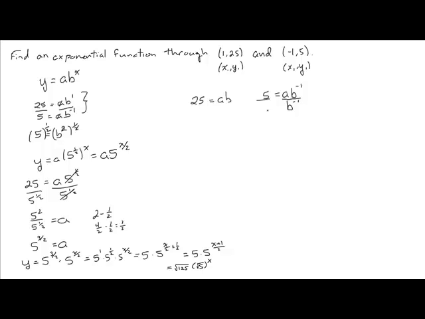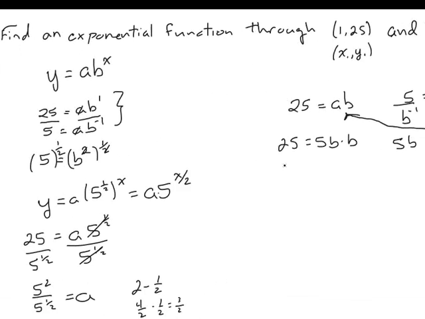So I'm going to divide by B to the -1. All right, so we got 5 over B to the -1, or A equals 5 times B, because B to the -1, that negative exponent means we can bring it up top. We're going to take that and plug it in over here. So I end up with 25 equals 5B times B, which will be a B squared.